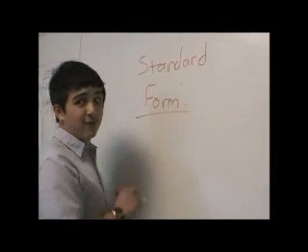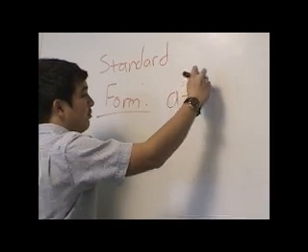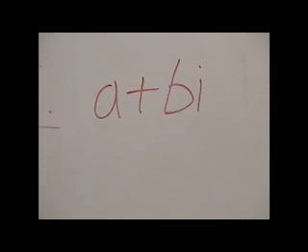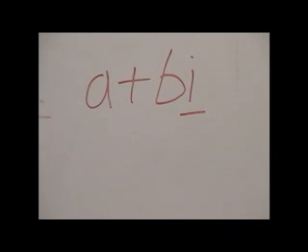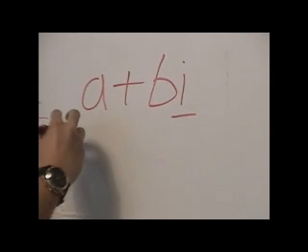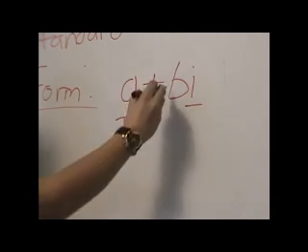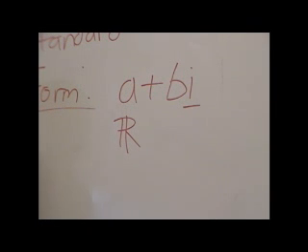Now, the standard form for a complex number is a plus bi. Keep in mind these aren't all variables. i is still the number that we've remembered, which is the square root of -1. a is a real number. b is simply a coefficient for our i value.